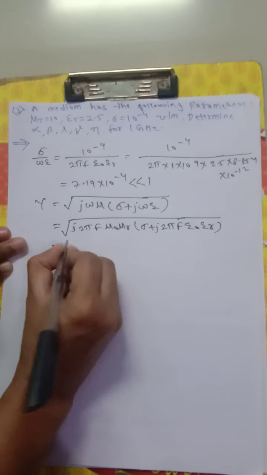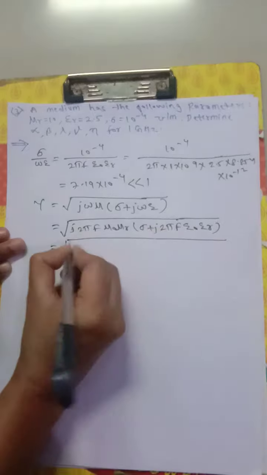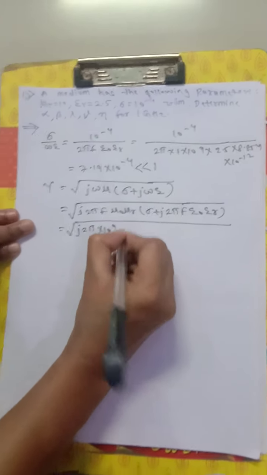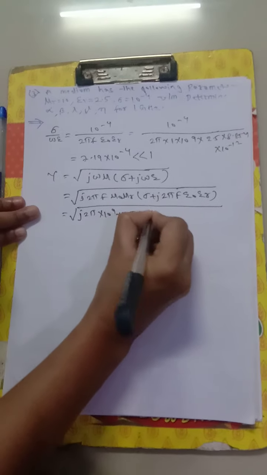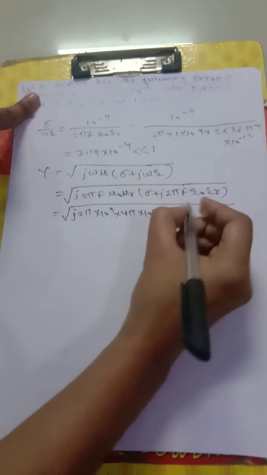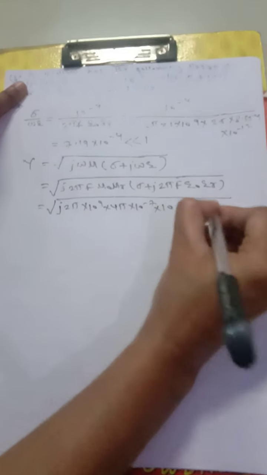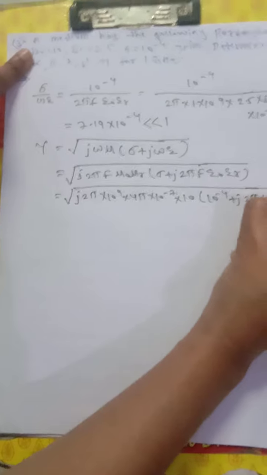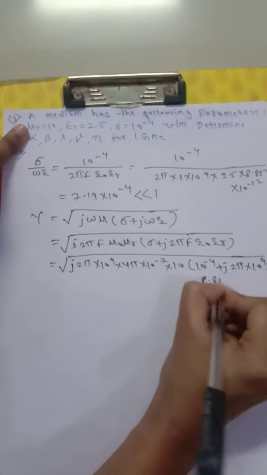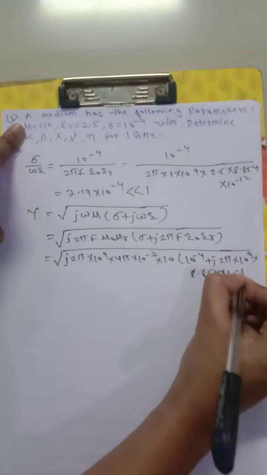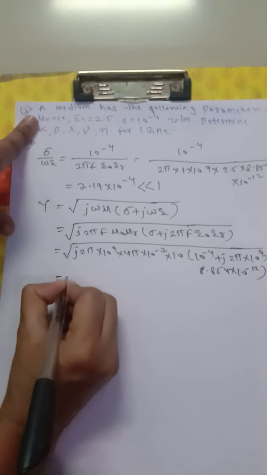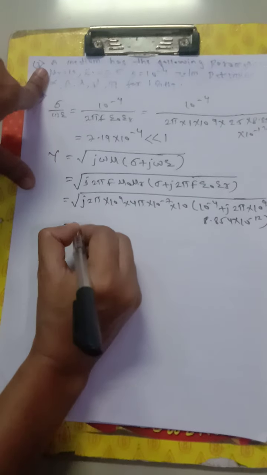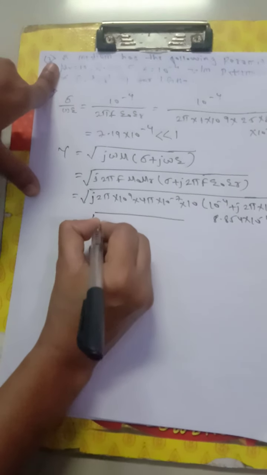Substituting the values: j 2 pi 10 raised to the power 9, 4 pi 10 raised to the power minus 7 into 10, conductivity 10 raised to the power minus 4, plus j of 2 pi into 10 raised to the power 9 into 8.854 into 10 raised to the power minus 12, in brackets. With the calculator, we get the final answer under the root.